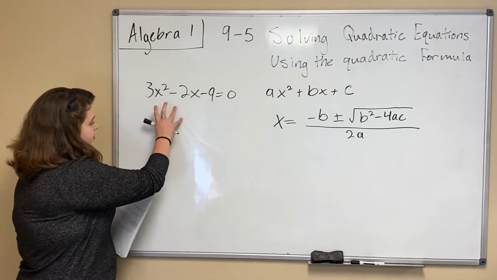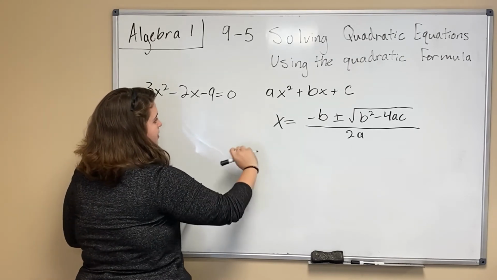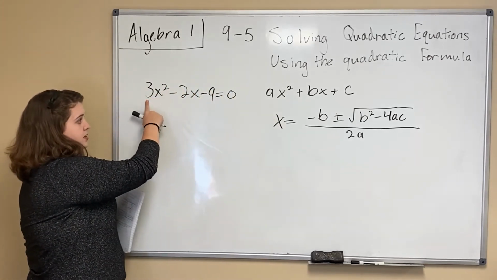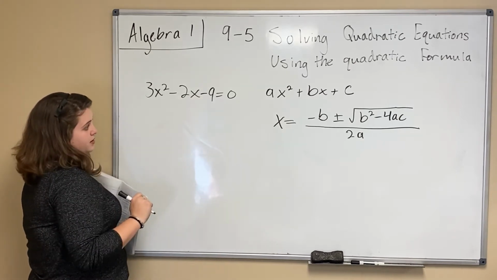Okay, so once I know that it's in the correct form and it equals 0, I can just go ahead and plug it in. So my a here this time is 3, my b is negative 2, and my c is negative 9.